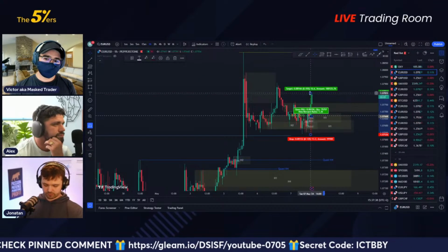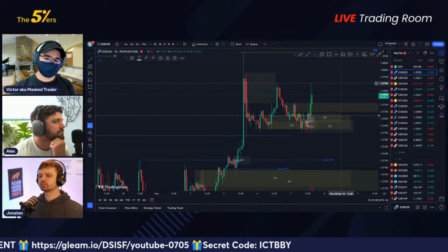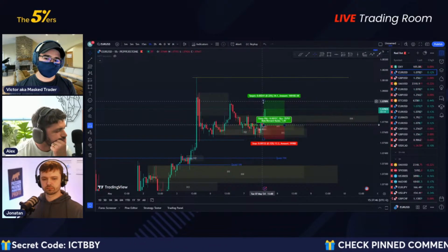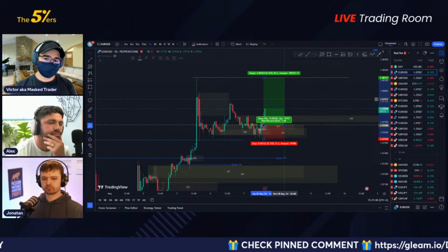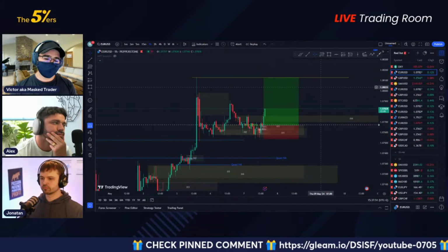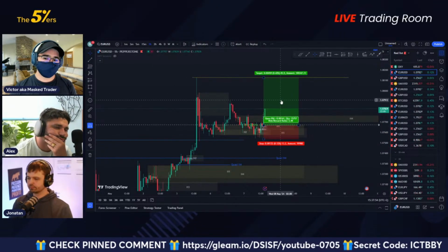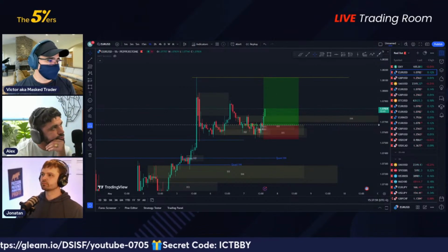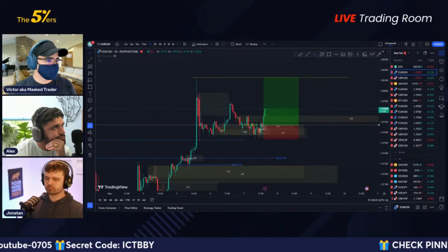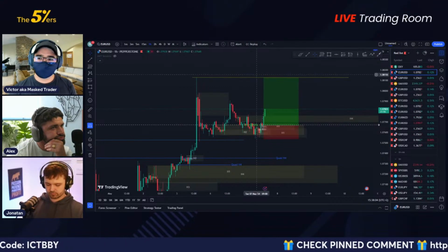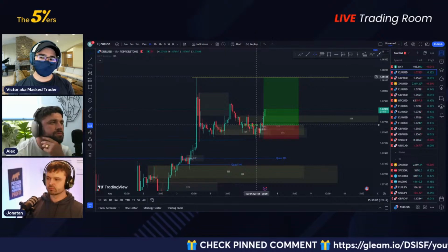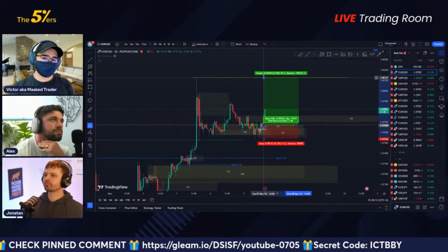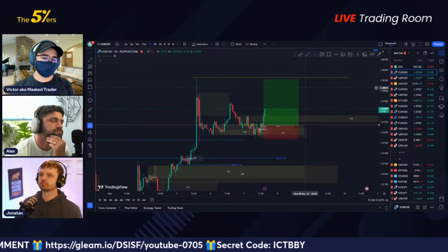I don't see anything on the 1 hour, so I would be targeting either this high for something of 1 to 1.8, or perhaps, depending on the ATR, the whole top of the range, which is this, for a 3.1 to 3.4 risk reward. The ATR for today gives us something in the range of 0813, which is right where my cursor is currently, which also gives me a good idea that I should not put it right there, but maybe a little bit before it.